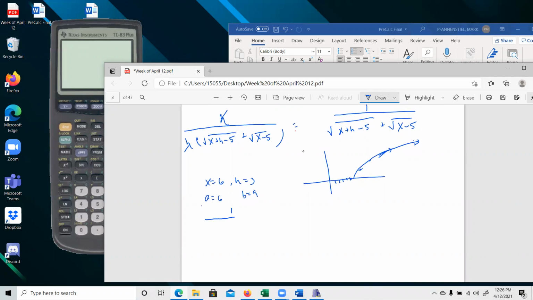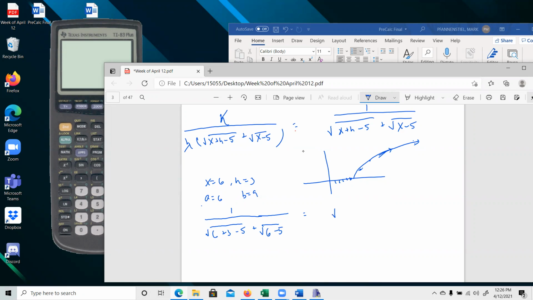So this is going to be 1 over square root of x is 6, h is 3, minus 5, plus x is 6, minus 5. And now we compare to f of b.